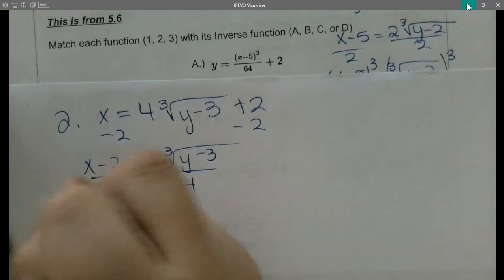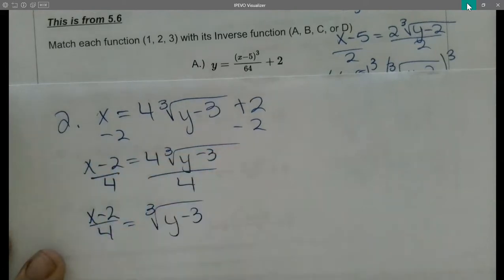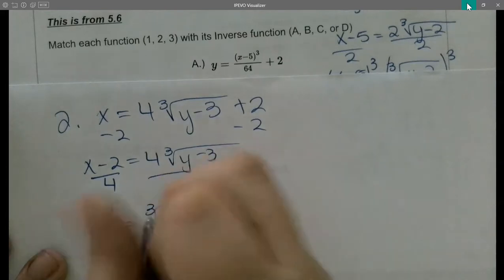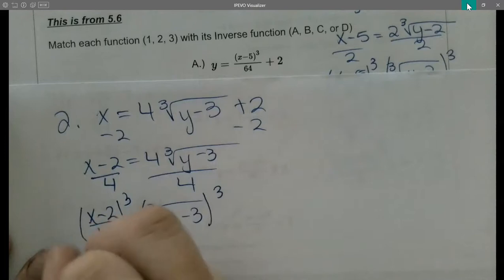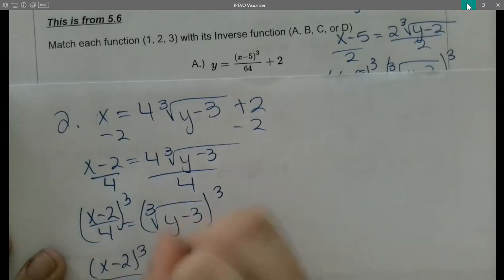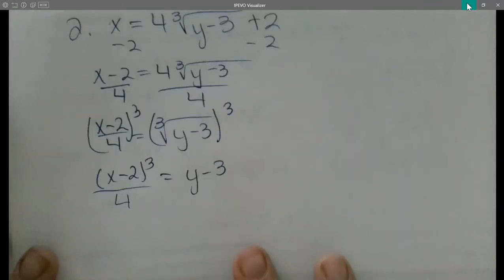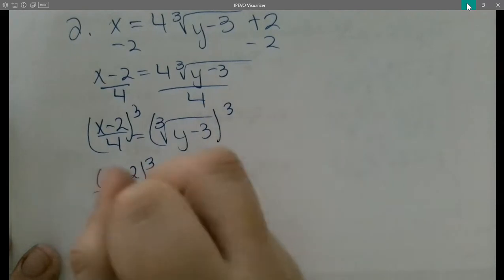I get x minus 2 over 4 equals the cube root of y minus 3. I want to get rid of that radical, so I cube both sides. I get x minus 2 cubed over 4 equals y minus 3. Then I just want to add 3 to both sides.